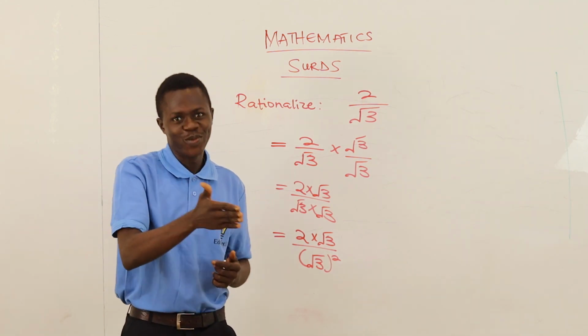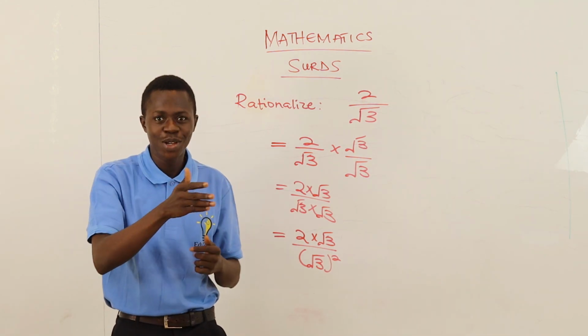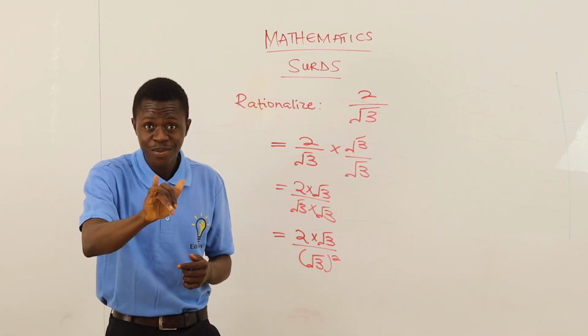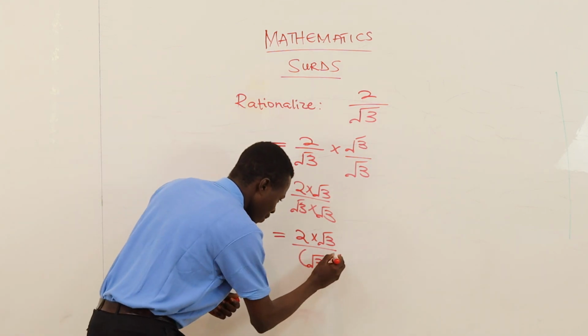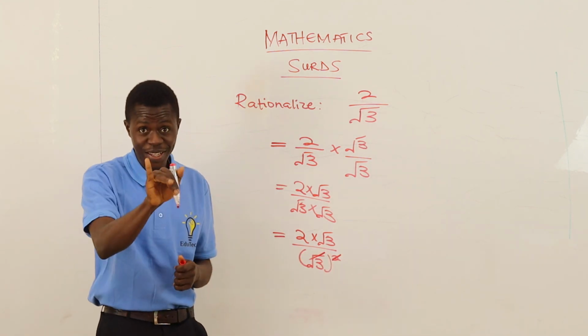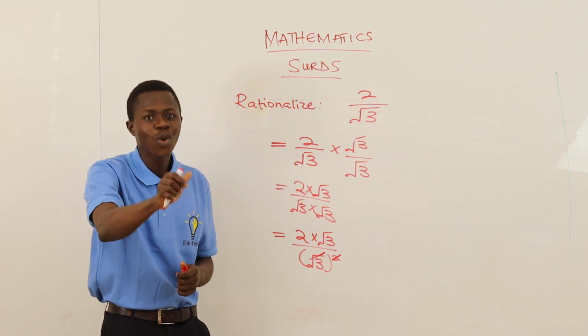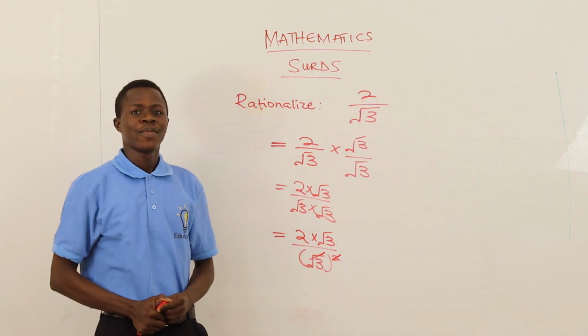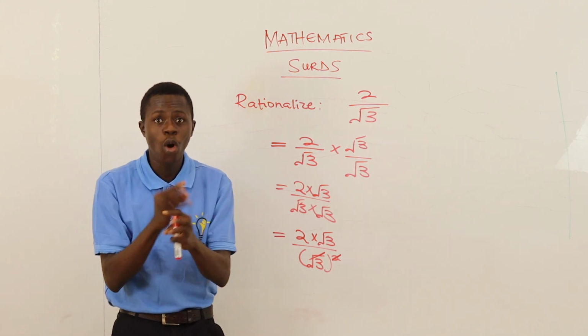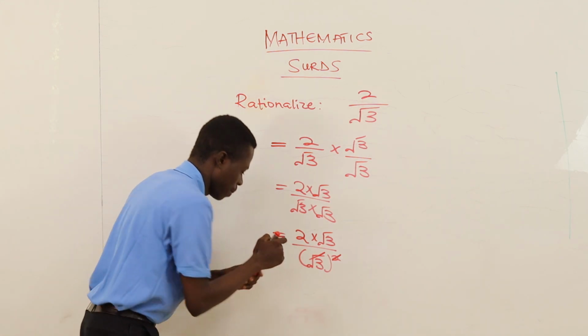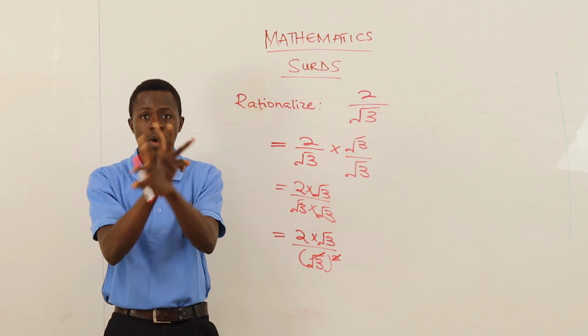So now, we also remember that the power 2 and then the square root sign, what will happen? Yes, they will cancel out. Well done. So did you get that as well? Okay. So let's continue. We see that the square root sign is cancelling out with the power 2.